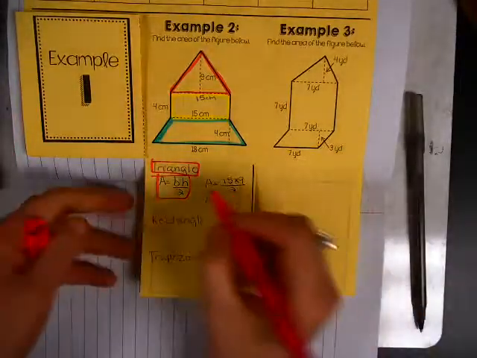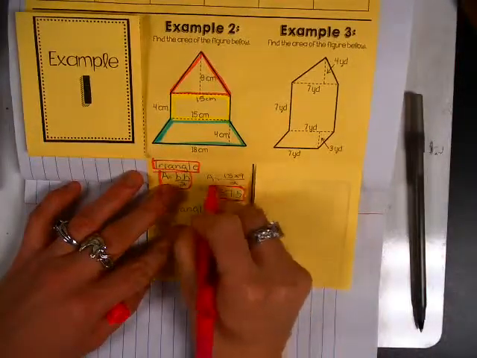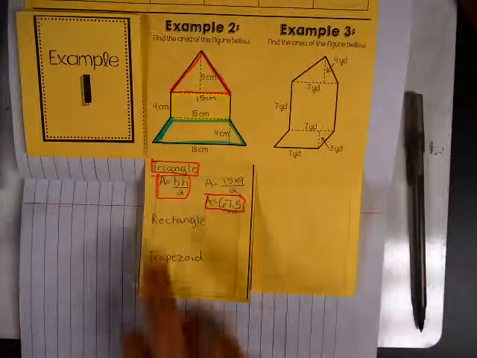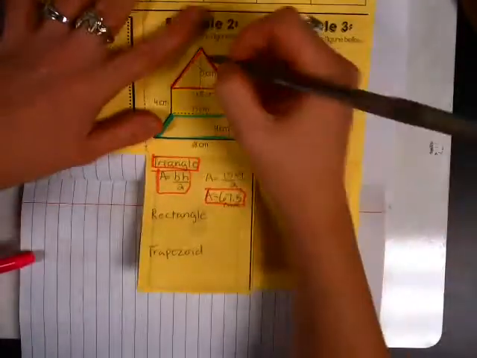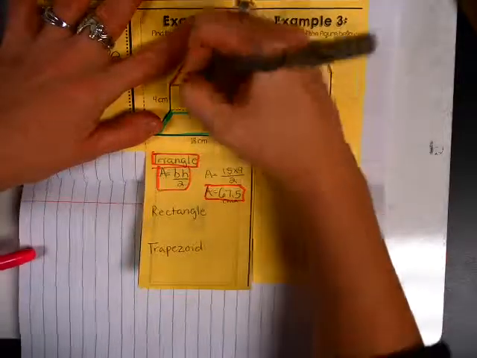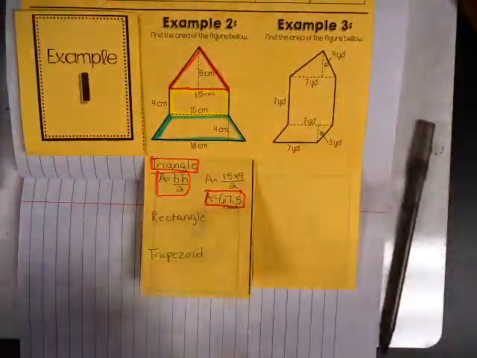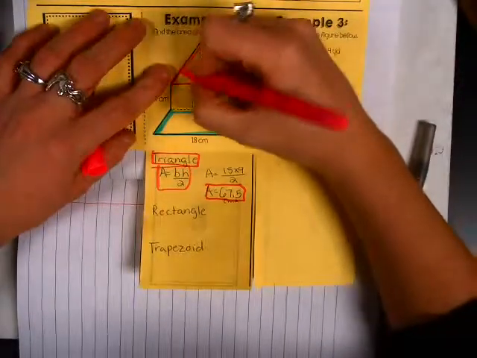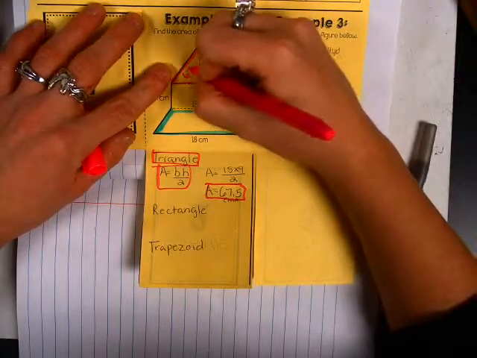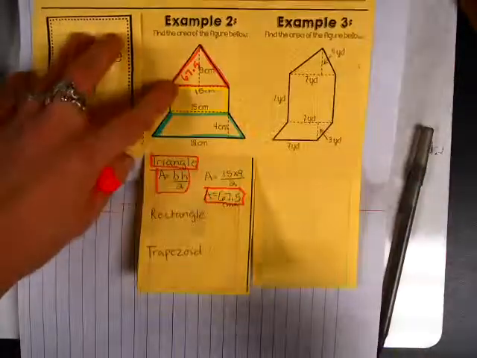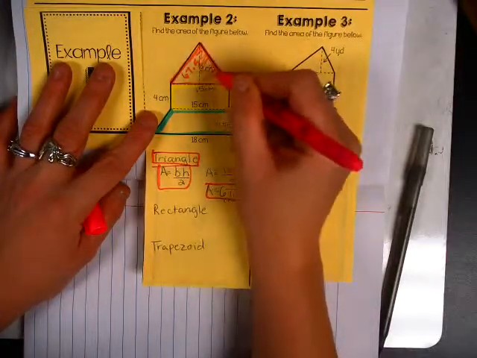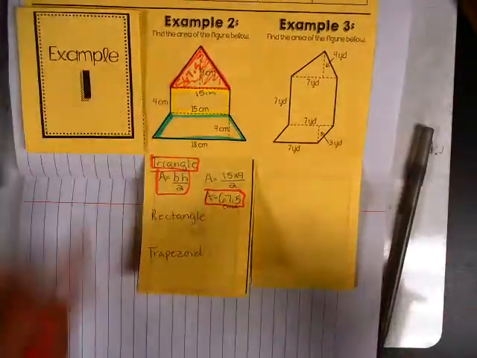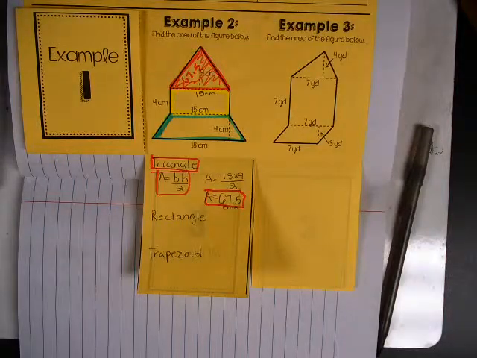So this is my area for my triangle. So if it was me, inside this shape, and I'm going to write it in the highlighter, but inside this shape it is going to be 67.5. So that's the measurement, this whole thing. If I were to color all of this in, it would be 67.5.